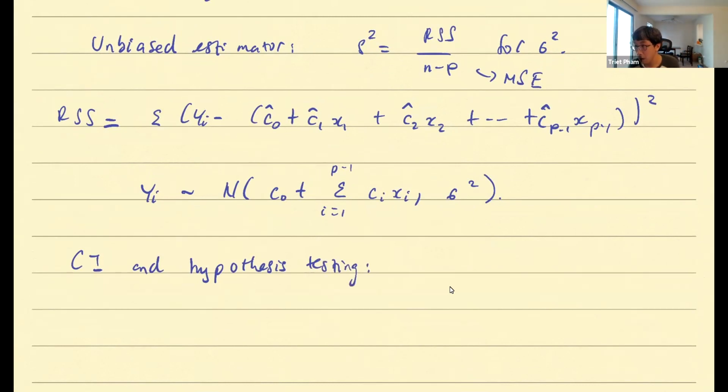Now you can apply these concepts to A hat, B hat, and sigma square, because they're all estimators. Traditionally, people don't do it for the intercept. Usually people don't do confidence intervals, and people do hypothesis testing.